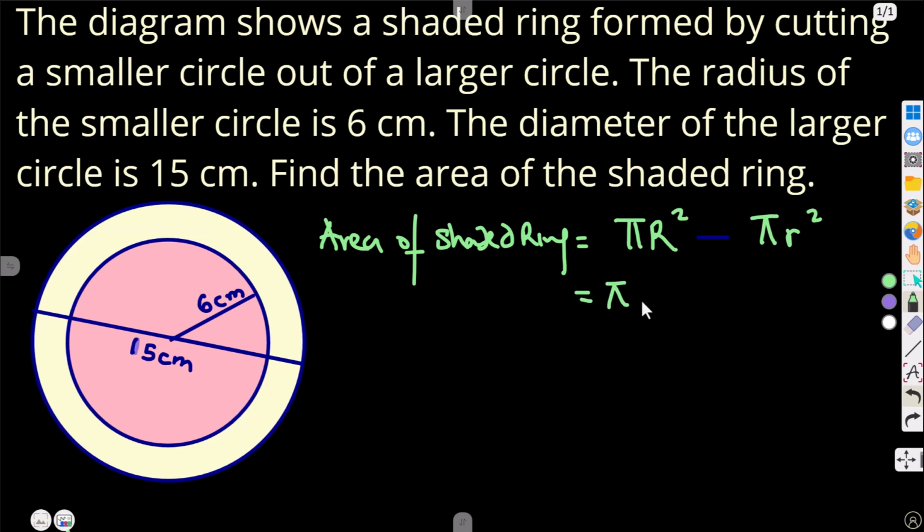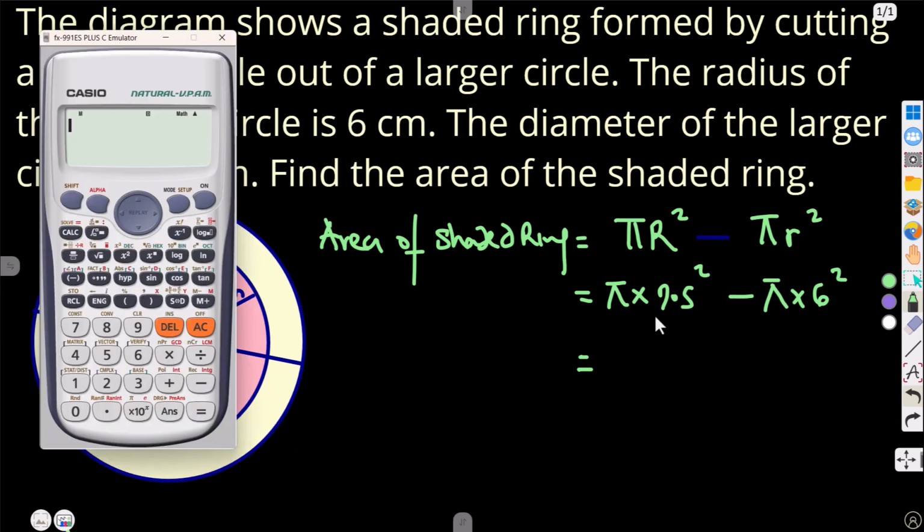You know the diameter of the bigger circle is 15, so the radius is going to be 7.5. So it's pi times 7.5 times 7.5, and for the smaller circle the radius is 6, which is 6 squared. So what we need to do is work out the whole of this and then subtract it from the whole of this.